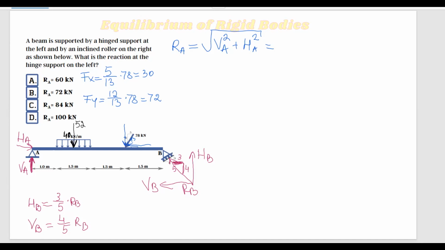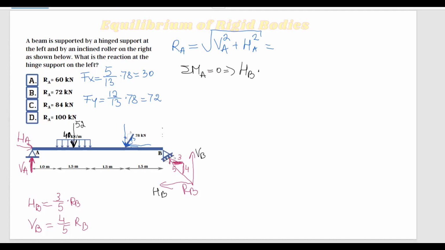Let's calculate the reactions. We're going to start by doing the sum of moments at point A equals 0. So this is actually VB, the vertical, and this is the horizontal, HB.